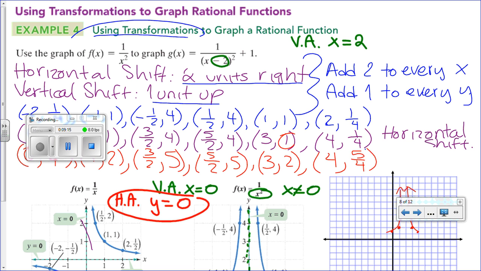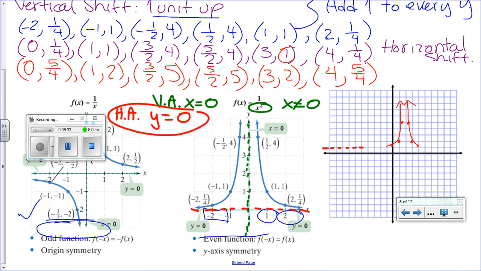So since this function is being shifted 1 unit up, the horizontal asymptote will also be shifted 1 unit up. So instead of being at y equals 0, we'll be at y equals 1. So I need to consider that when I graph my function. So the horizontal asymptote will be here. And the vertical asymptote, it will be here.